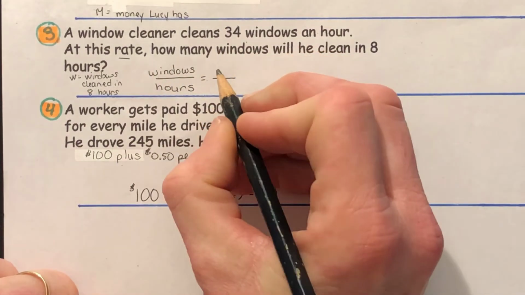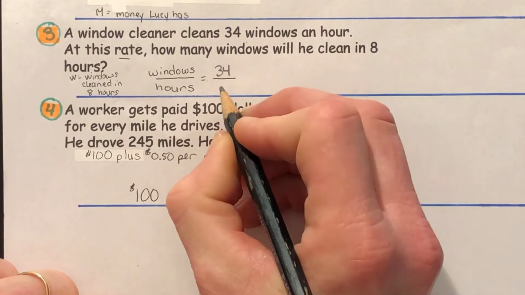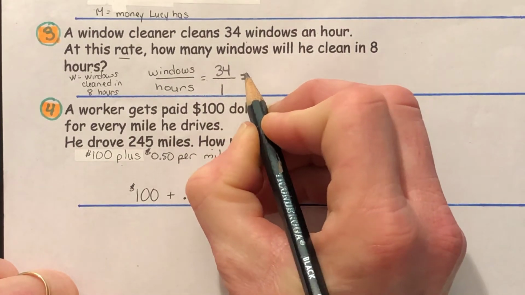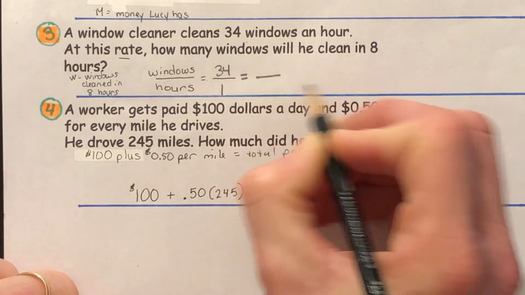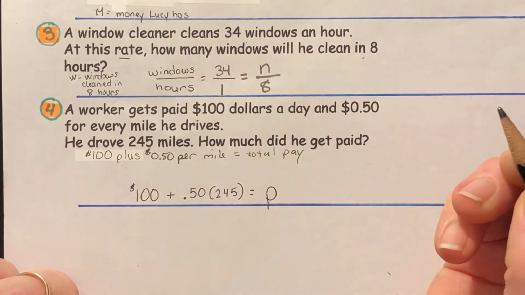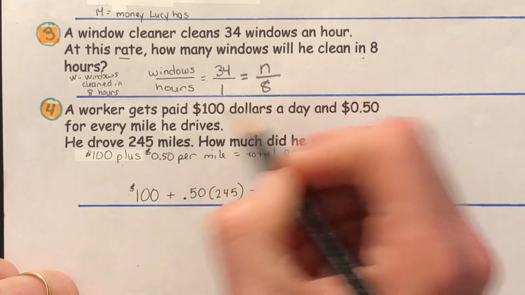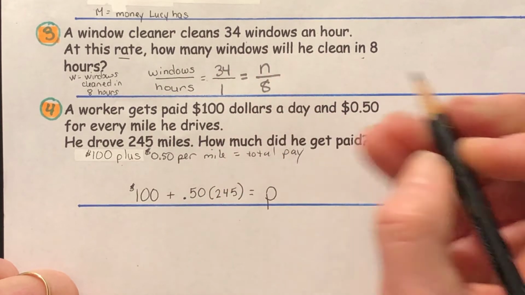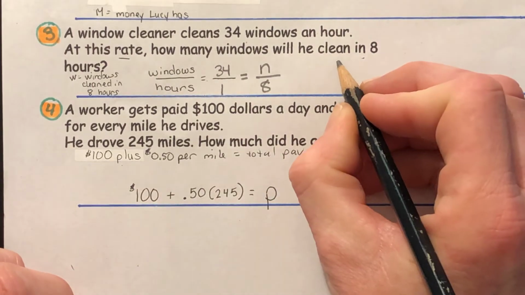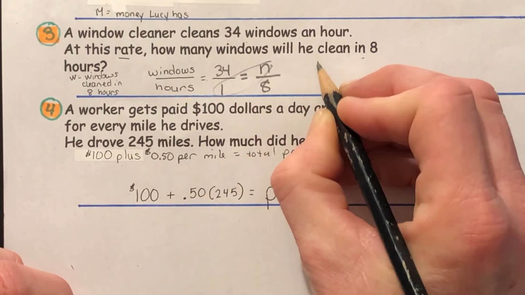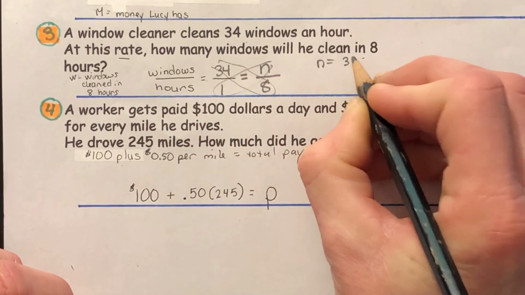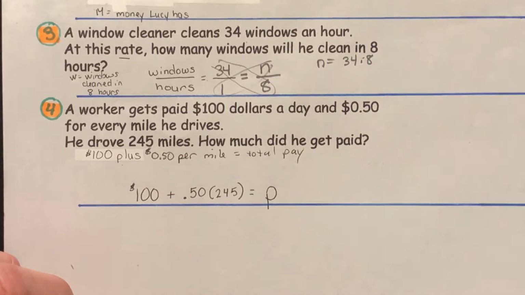Windows cleans 34 windows in 1 hour. At this rate, how many windows will he clean in 8 hours? 8 hours, so 8 goes down here, windows goes here. Now I can take this and make an equation. N equals 34 times 8.